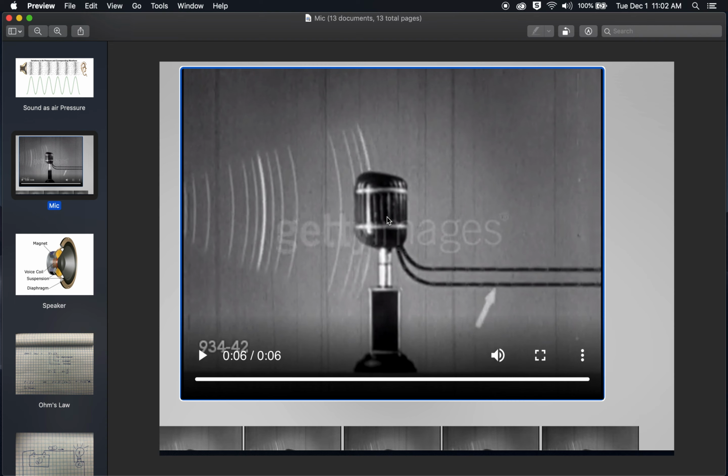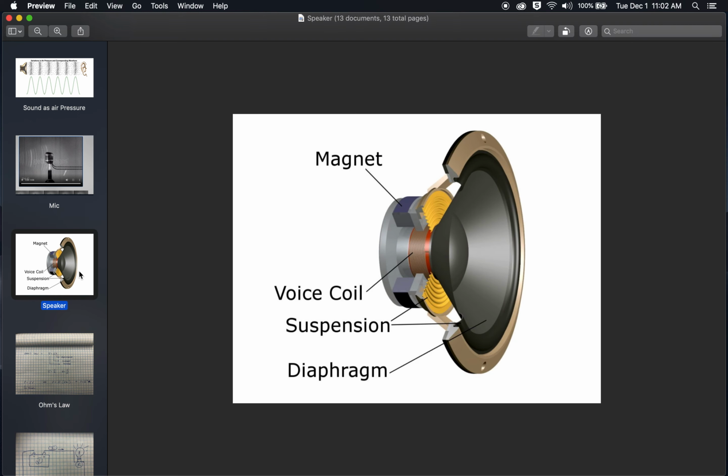A condenser microphone has that round diaphragm in the middle, where one side is very thin and vibrates, changing the distance between that and the fixed plate in the back of it, which acts as a capacitor that changes its capacitance, which then creates an electric current and a voltage, right?